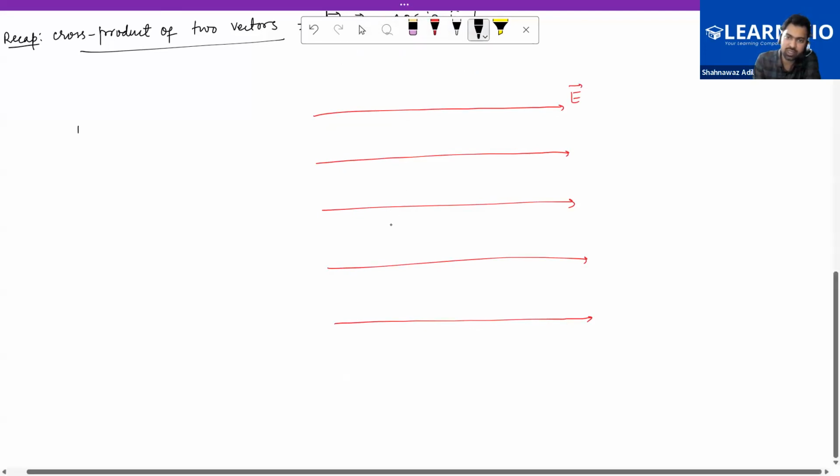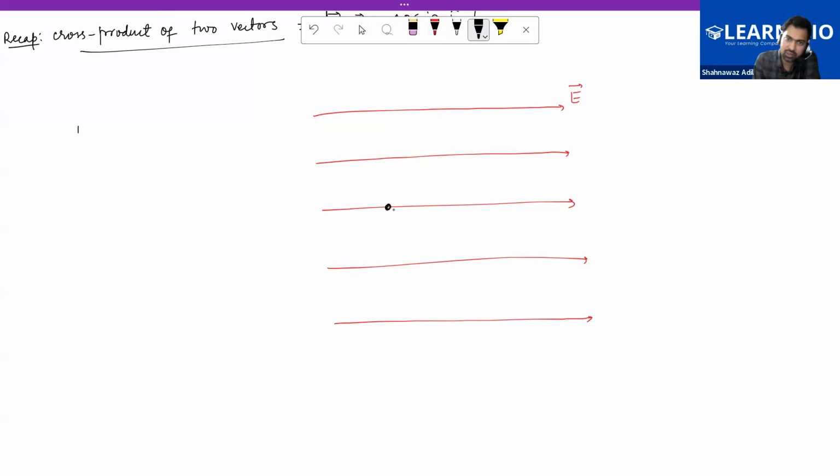Let's say this is minus Q and this one is plus Q. This is the dipole. Separation is 2A.